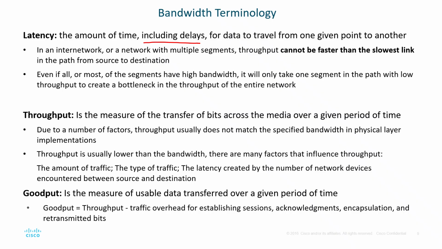Now, throughput is the measure of the transfer of bits across the medium over a given period of time. Due to a number of factors, throughput usually does not match the specified bandwidth in physical layer implementations. Throughput is usually lower than the bandwidth. There are many factors that influence throughput: the amount of traffic on the wire, I'm using copper as an example here, the type of traffic that is traveling, and the latency that is created by the number of network devices encountered between source and destination.